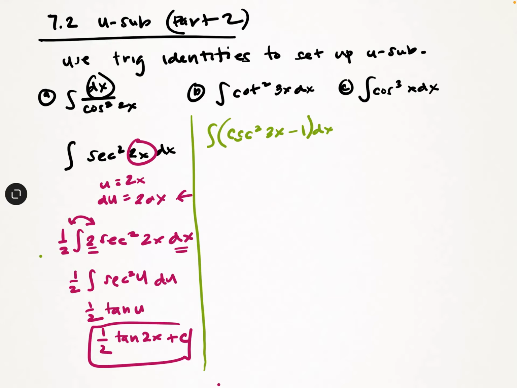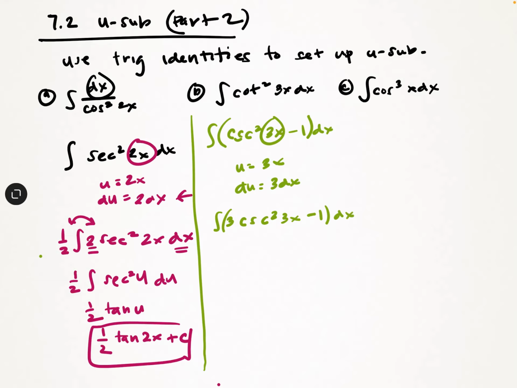Okay, so for this one, our u is 3x. Then our du would be 3 dx. So let's rewrite this. We have the integral of 3, cosecant squared 3x minus 1, dx.